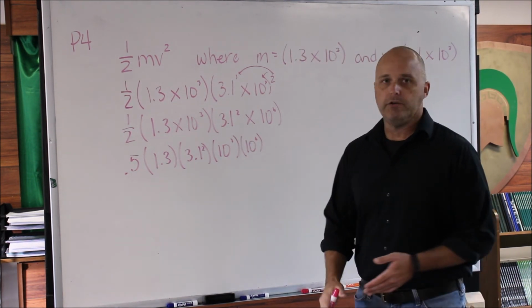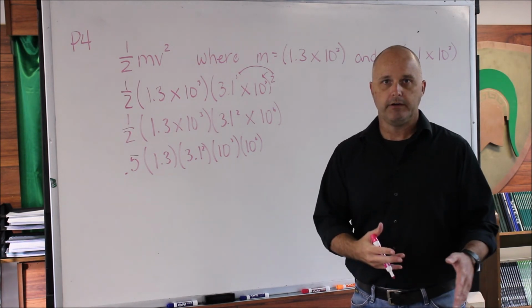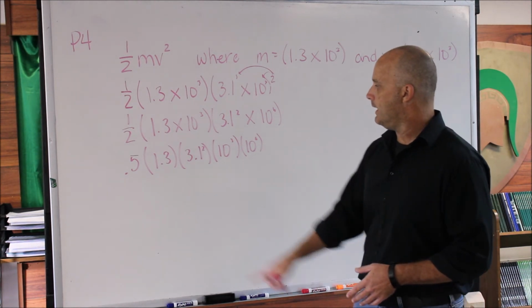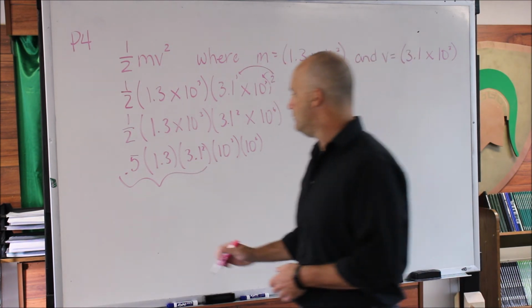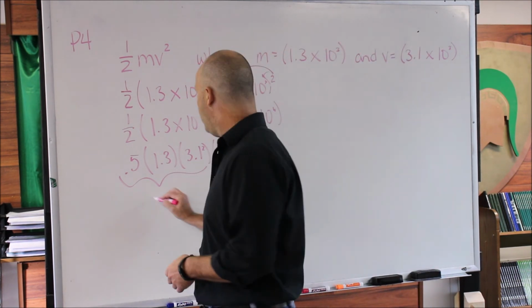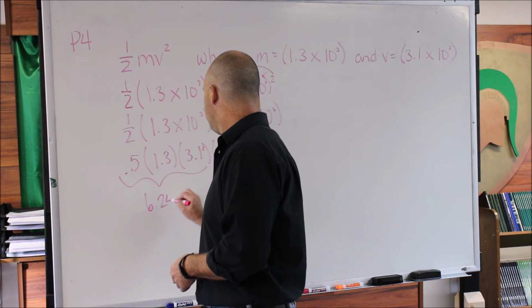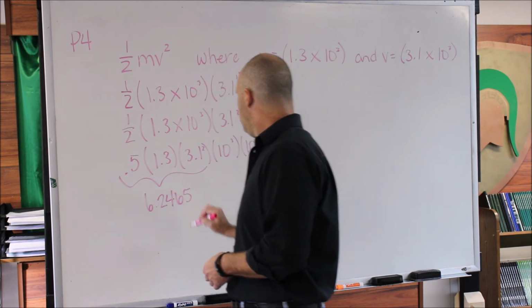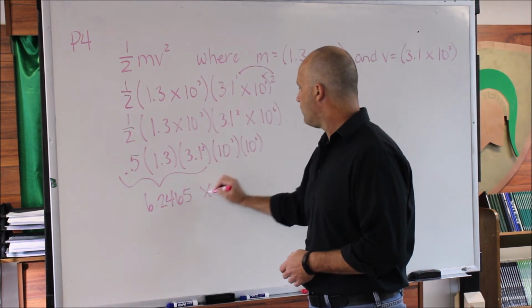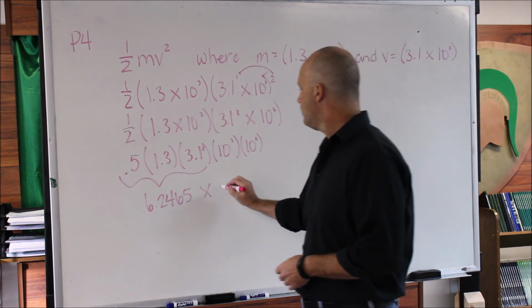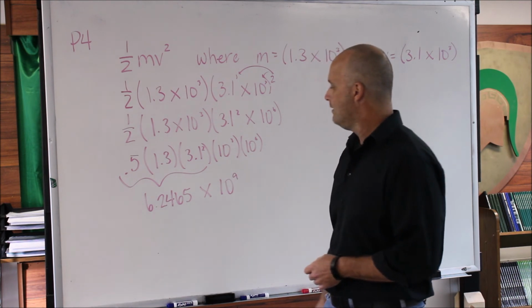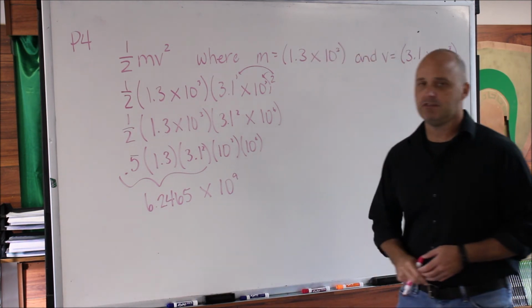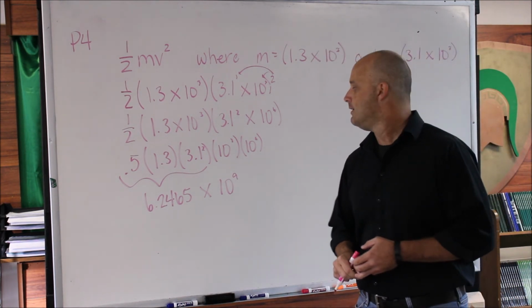And what we can do now is just go ahead and run this through a calculator, and for this part right here, we're going to get 6.2465. And then for the next part, 10 to the third times 10 to the 6th gives us 10 to the 9th. So our solution to this problem is going to be 6.2465 times 10 to the 9th.